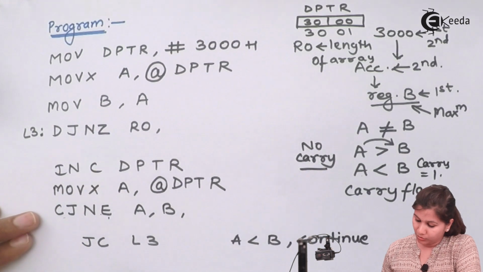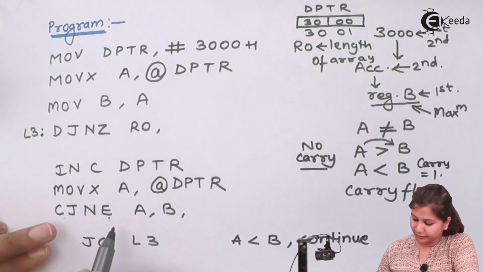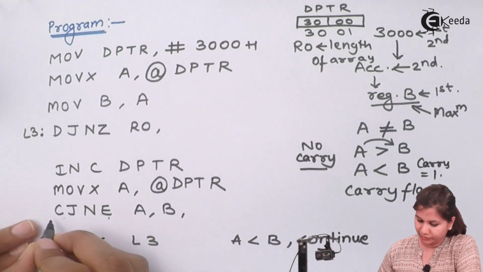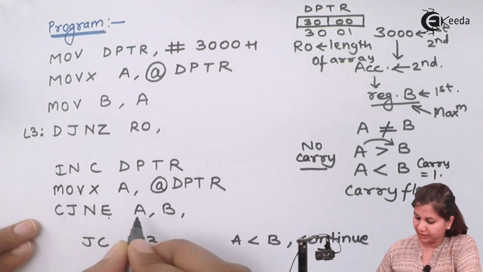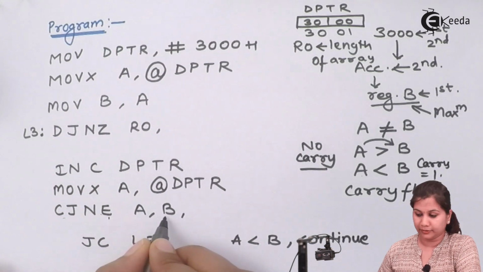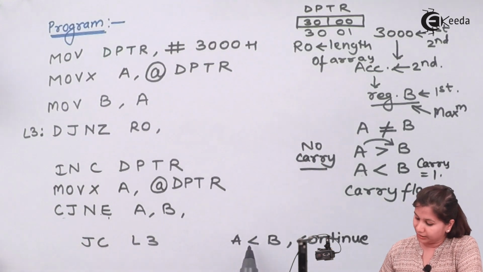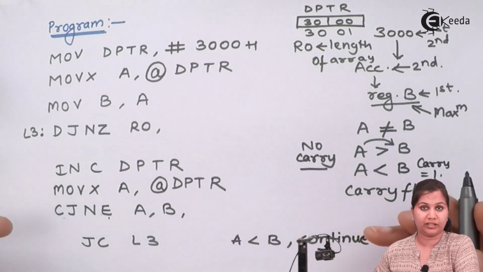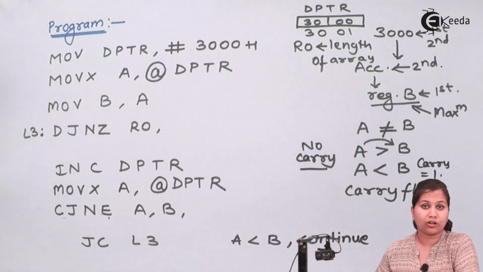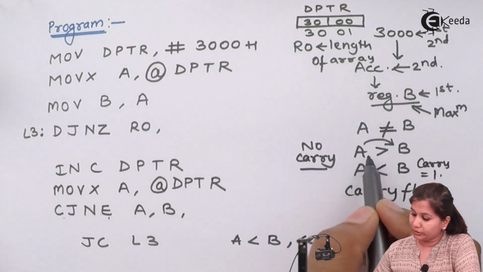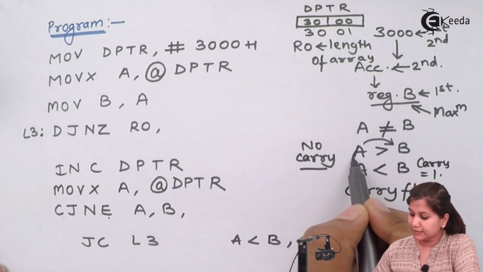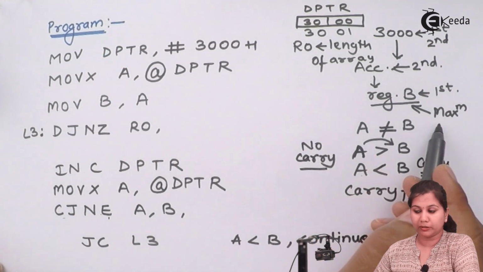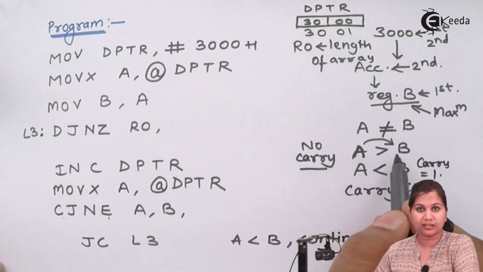Okay, now suppose that after CJNE A, B, no carry is generated. In that case A is greater than B. Now in B we want our maximum number, so we have to exchange their contents.